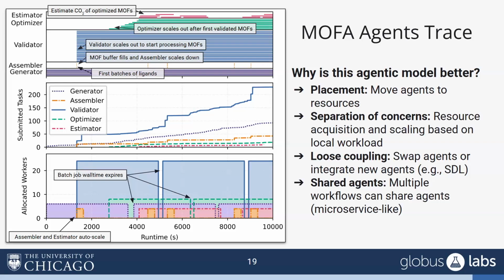And then again, in the future, we hope that this gives you the ability to build workflows that share agents. So for example, multiple workflows might need the ability to optimize the structure of a generated molecule, and they can all share the same agent.